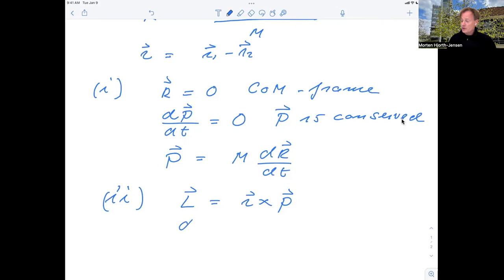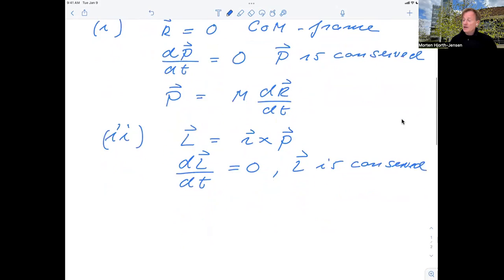But one of the things which we found last week is that the angular momentum, if we have internal forces only, has a time derivative equal to 0. So it means that there is no torque, and it means that the angular momentum is conserved. And that means it is a constant of the motion.